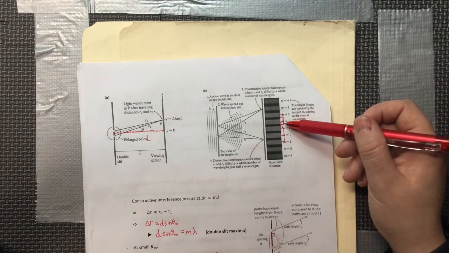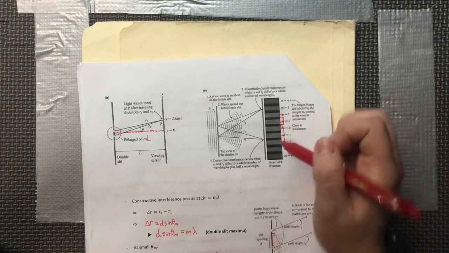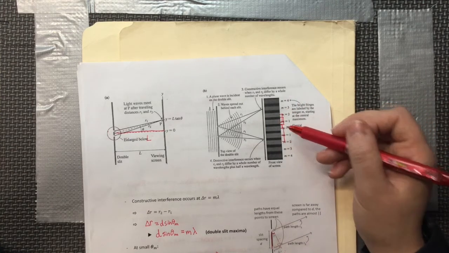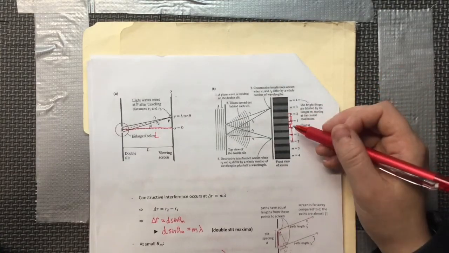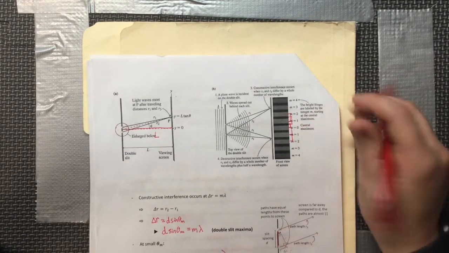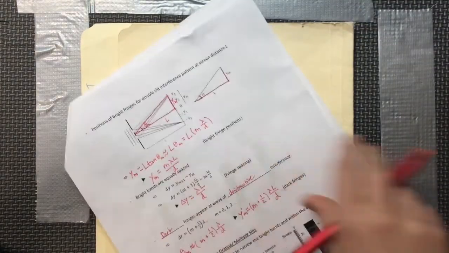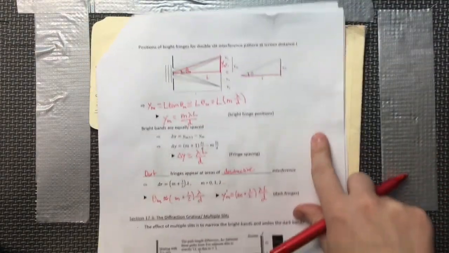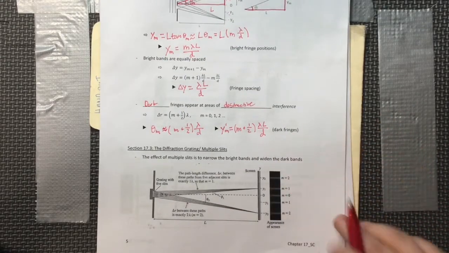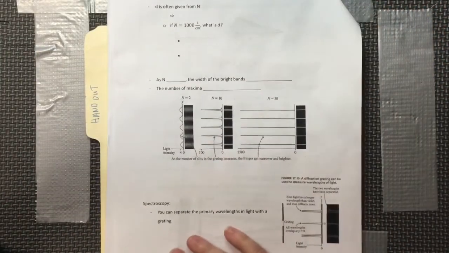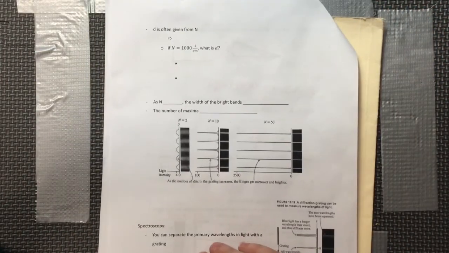But we want to narrow it down to find exactly where the center of it is. When you have two slits, you get these wide bands. When you've got more slits, you get much more narrow bands, like this. So it widens the dark and enhances the bright bands.